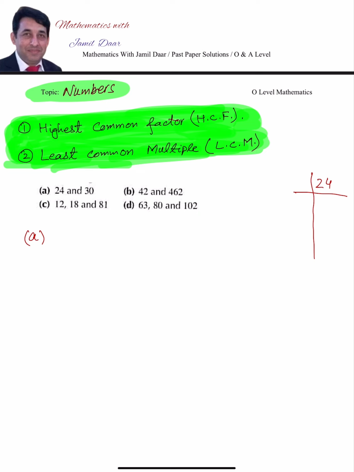It's divisible by 2: 2 ones are 2, 2 twos are 4, 2 sixes are 12, 2 threes are 6, and now it's not divisible by 2 but divisible by 3. So 24 is equal to 2 times 2 times 2 times 3.